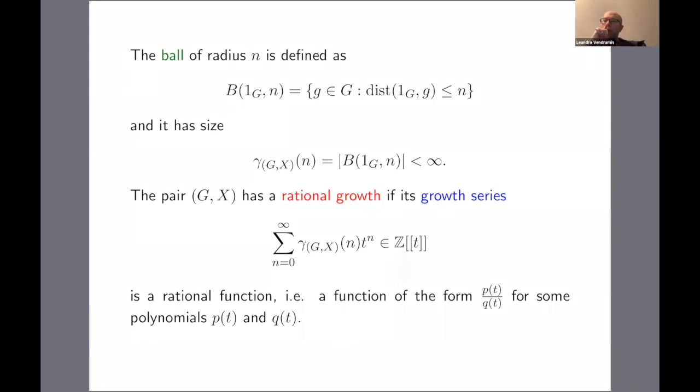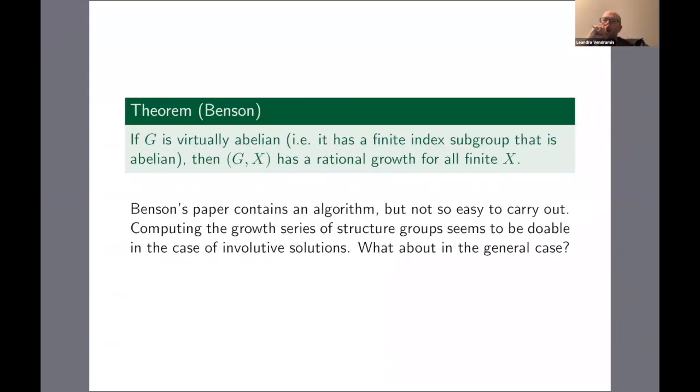The point is the following: a very strong theorem of Benson states that if you have a virtually abelian group G, meaning G has a finite index subgroup that is abelian, then (G, X) has rational growth for every finite set of generators X. And if you have a finite solution, the structure group will always be virtually abelian.